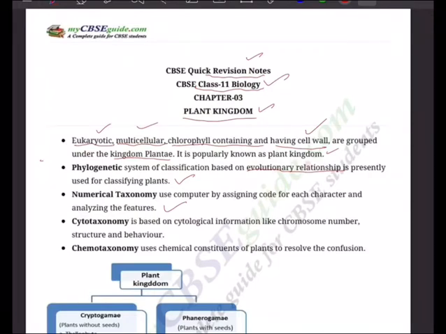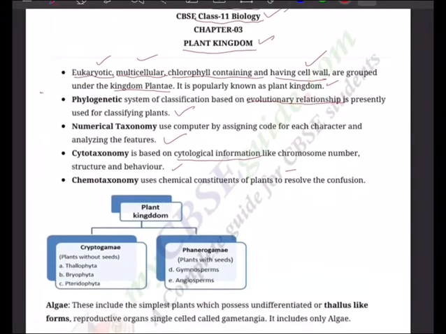Cytotaxonomy is based on cytological, meaning cell related, like chromosome number, structure and behavior. And the fourth one, chemotaxonomy. Chemo, chemicals. What are the chemicals present inside the cell or tissue? Based on that we classify the plants, the chemical constituents of plants, to resolve the confusion. So we are going to use these four.